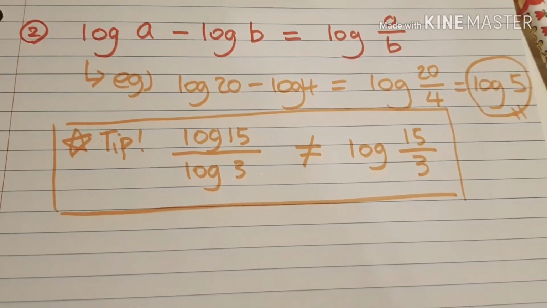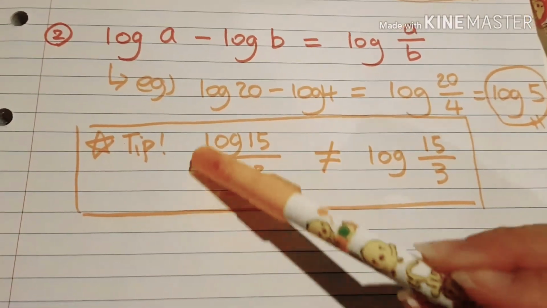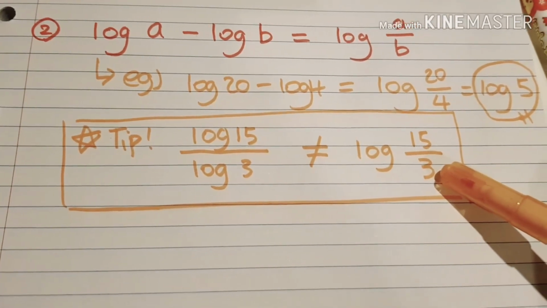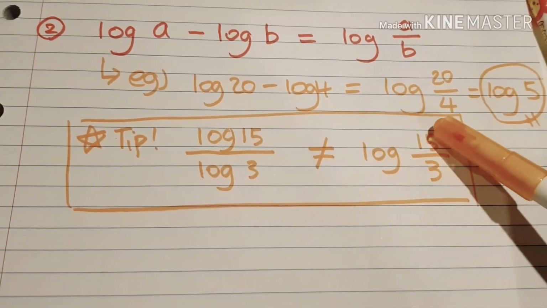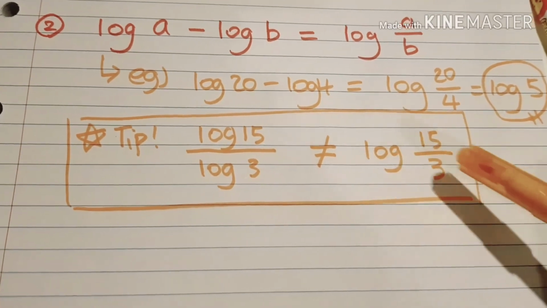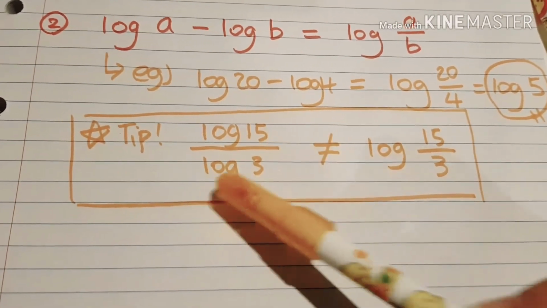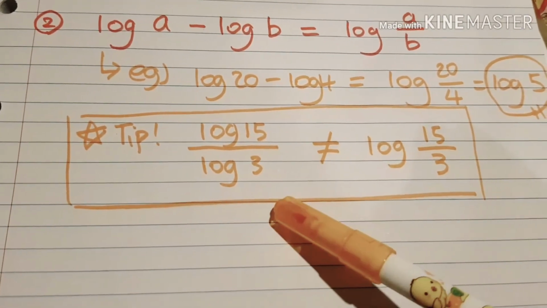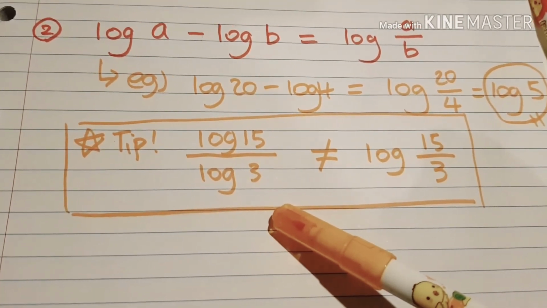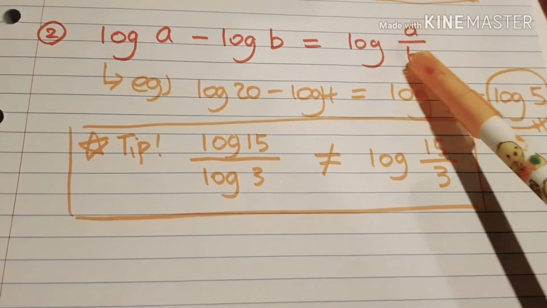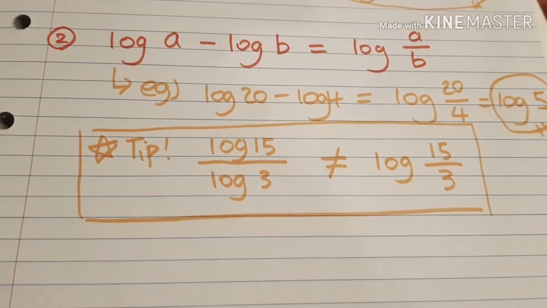Here's a tip for you. Many people think this and this are equivalent, but they're not. This one is log 15 minus log 3, whereas this one is log 15 divided by log 3. So it's a different thing. Please don't get confused about when to divide and when to put the division inside the bracket.